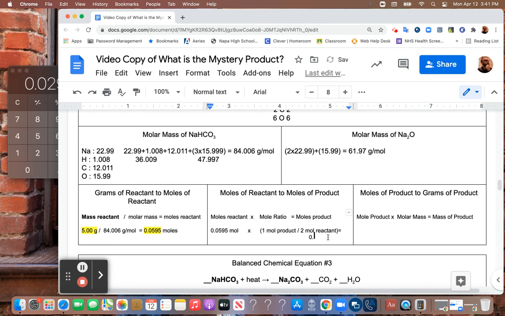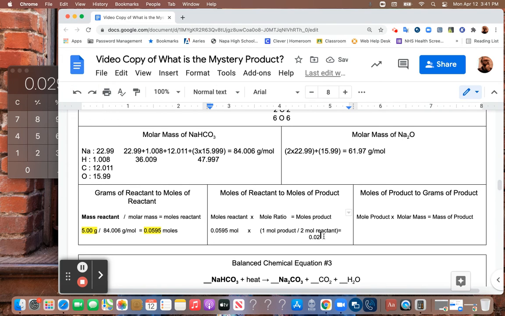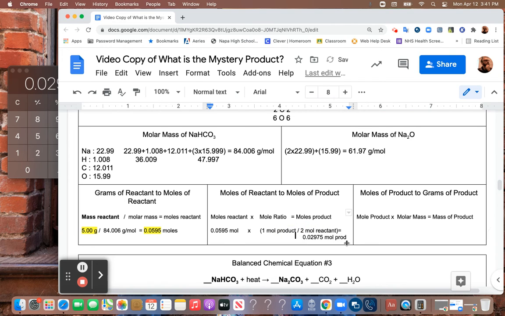And I get 0.02975 moles of product. Okay, well then, wait a second. Now I got to go from moles of product to grams of product by multiplying by the molar mass.